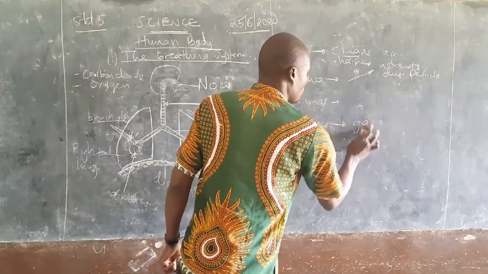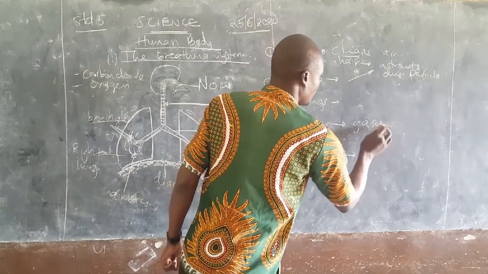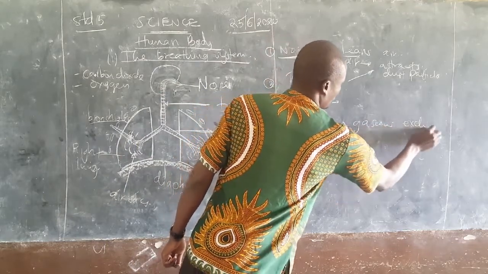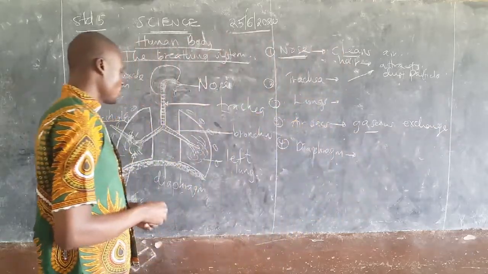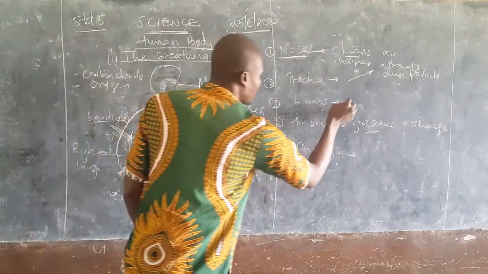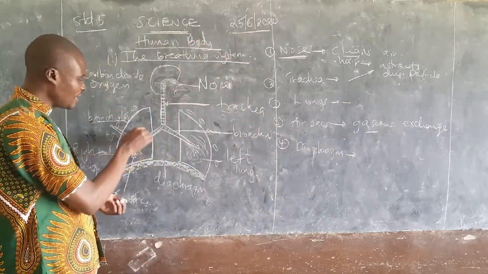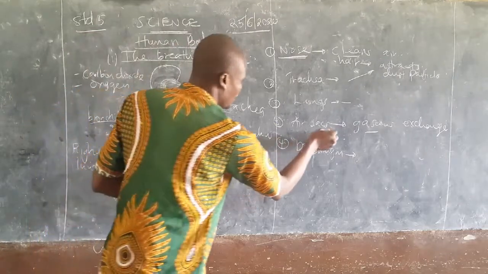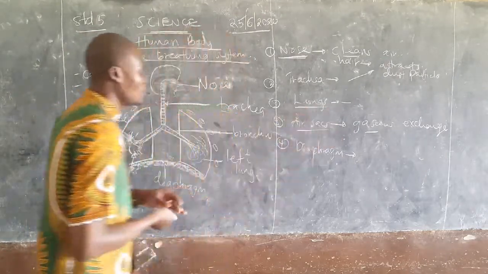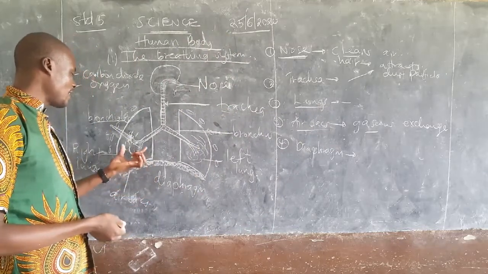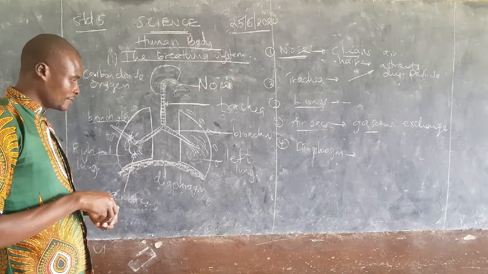So gaseous exchange takes place in the air sacs. You may ask that question. You may also get the lungs, since the air sacs are in the lungs. Hence, you may not get the words air sacs in your choices, but you may get the lungs. Still the same: gaseous exchange takes place in the lungs, but specifically in the air sacs.